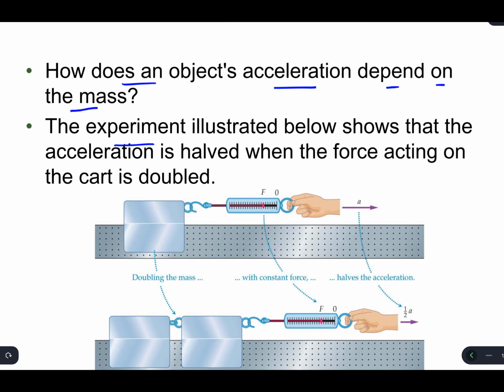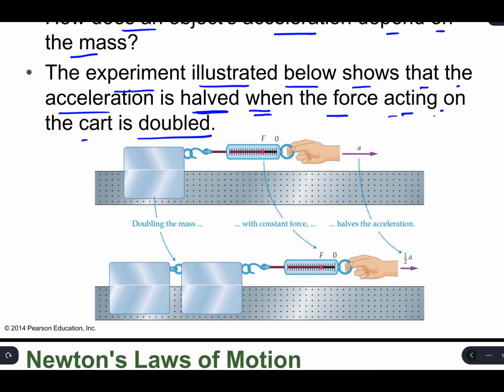The experiment illustrated below shows that the acceleration is halved when the force acting on the cart is doubled. Wait, not when the force is doubled. There is a mistake here.